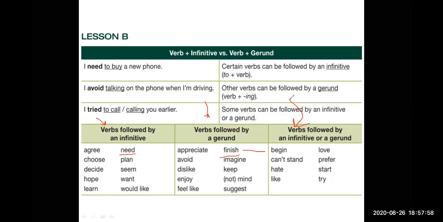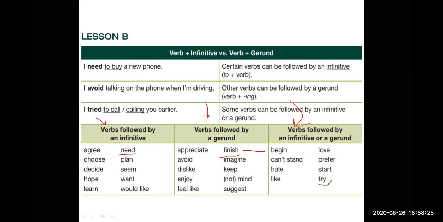This group tells me that I can use an infinitive or a gerund. It doesn't matter. For example, if I want to make a sentence with the verb try, I can say, I try passing my test.